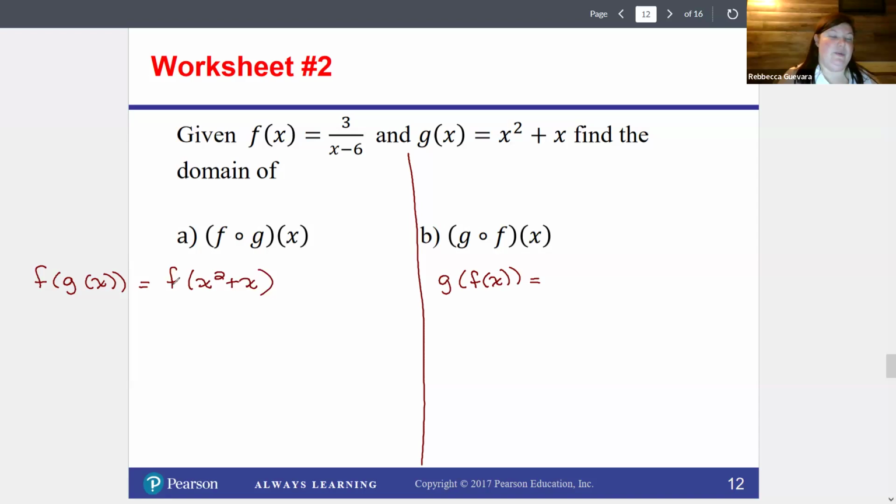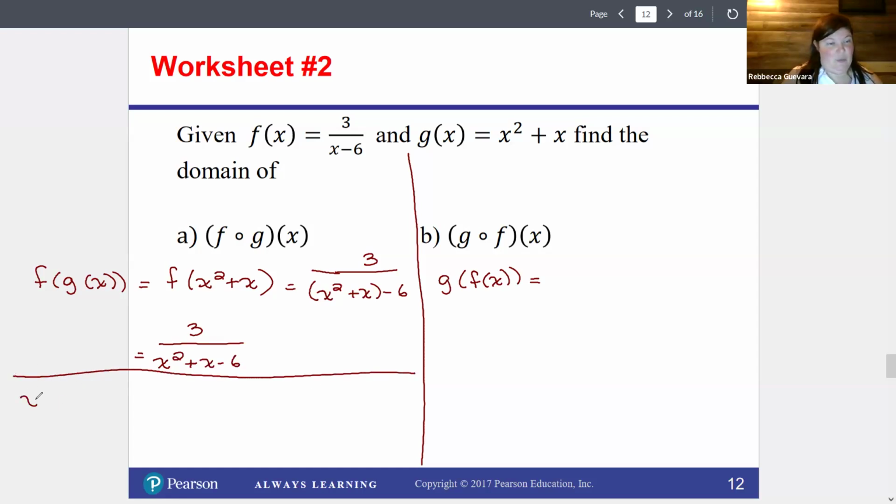So we're really looking at F of x squared plus x, which means F is going to be 3 over, instead of just x minus 6 now, x squared plus x. After dropping those parentheses, this is really just x squared plus x minus 6.